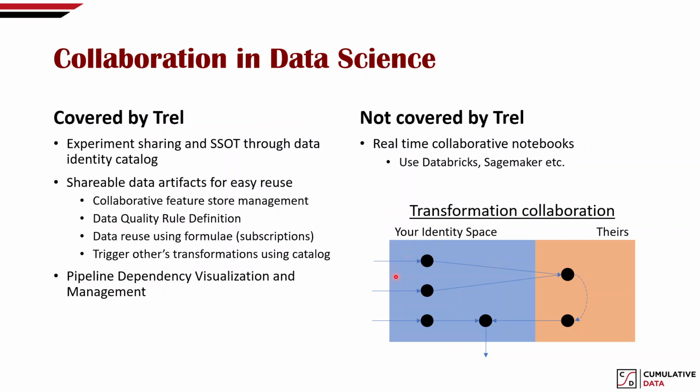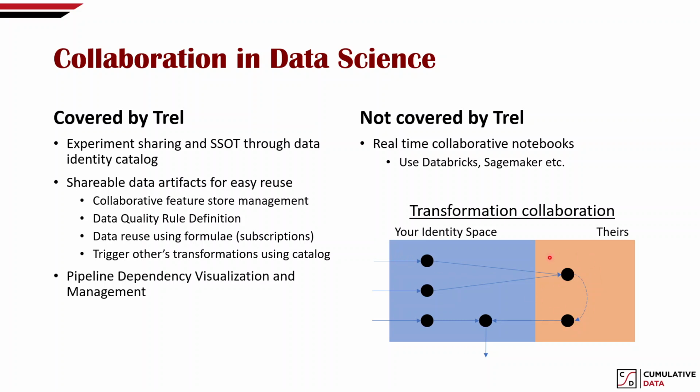So we can take a look at this briefly by seeing this diagram. This is your identity space consisting of one set of dataset classes. And here there are a couple of dataset classes, one of which is an input to a pipeline belonging to a colleague, and this one is the output of that data transformation pipeline.